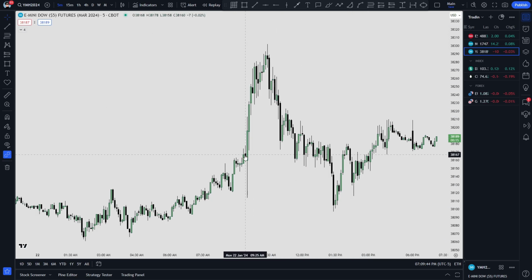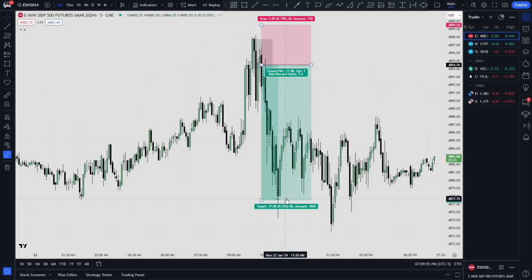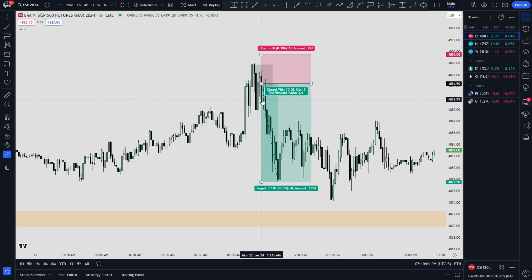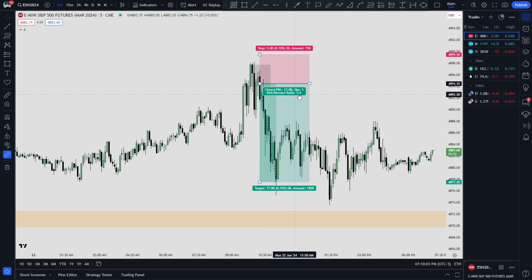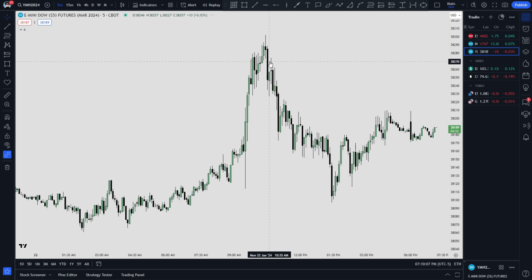So I'm anticipating this move higher on the Dow Jones to be a fake move, to then when we start to see a drop on the Dow Jones with the NASDAQ, then I could take a short on the ES, which is exactly what happened around this time, which is around 10:15, around 10:30. NASDAQ was already dropping and the Dow Jones started to reverse around that 10:15, 10:30.